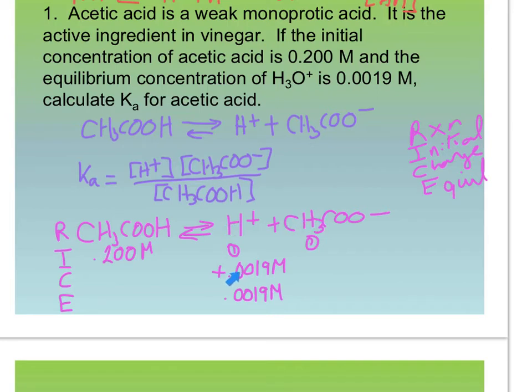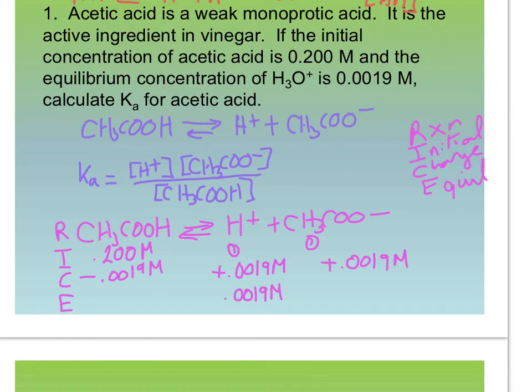So if I'm forming 0.0019 molar of this, I'm also forming 0.0019 molar of this. And I'm using up 0.0019 molar of this because it's a 1-to-1-to-1 ratio. Because I'm using it up as opposed to forming, this would be minus 0.0019 molar. So once you're able to find the change for one of them, you can find the change for all of them based on the molar ratios. And in this case, it's a 1-to-1-to-1 ratio.